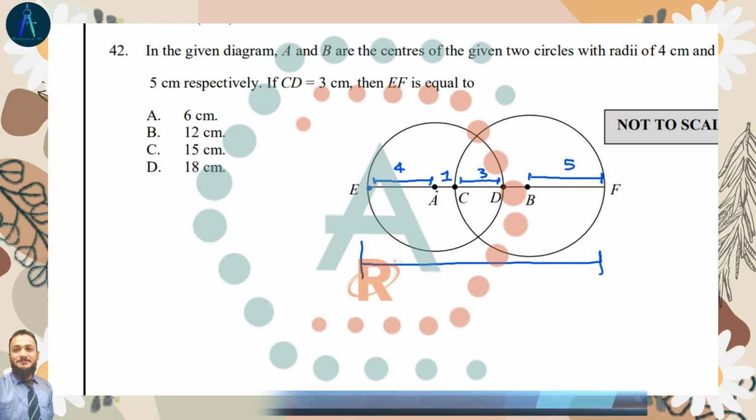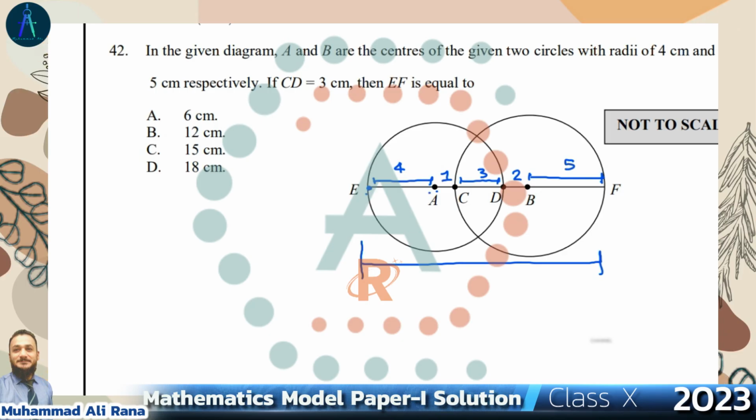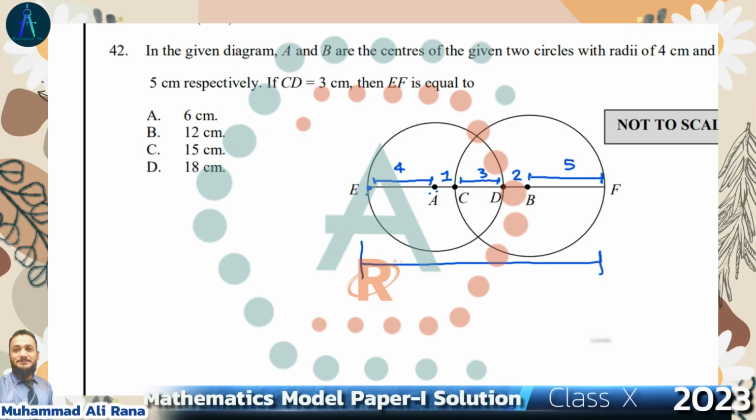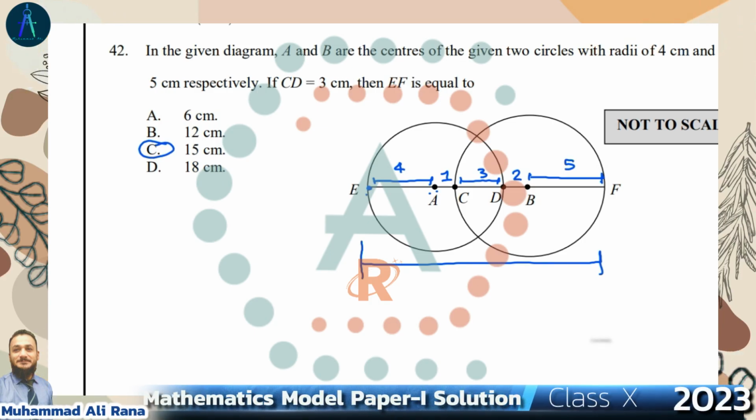If this is 3, then DB will be equal to 2. So finally if we add all the lengths: E to A is 4, A to C is 1, C to D is 3, D to B is 2 and B to F is 5. If we add, 4 plus 1 is 5, 5 plus 3 is 8, plus 2 is 10, plus 5 is 15. So 15 is the right answer.